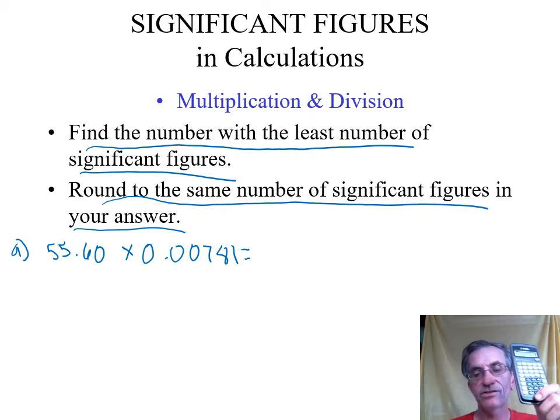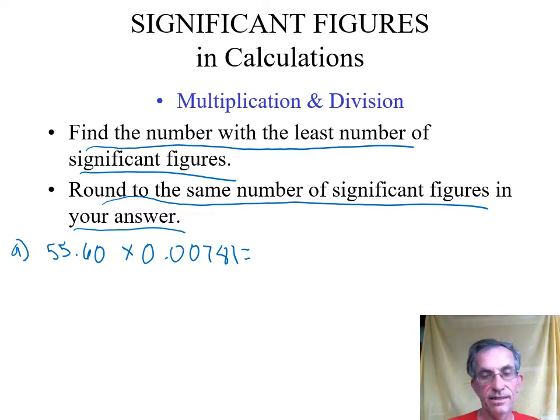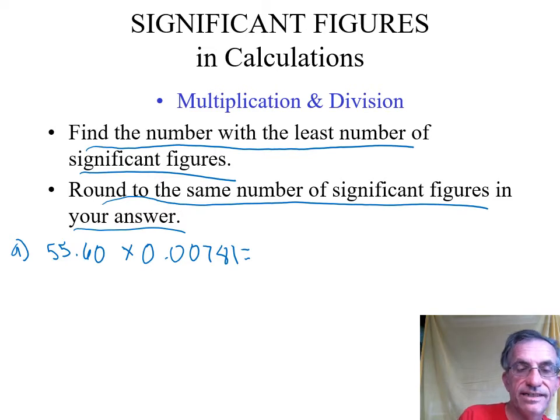Well, the first thing you have to do is get out your handy dandy calculator and type it in. Now, you might want to follow along with this at home, make sure that you're getting the same numbers as me. So I'm going to go ahead and type it in: 55.60 times 0.00781. And this is what your calculator should be showing you. All right, let me write it down. I hope you're seeing that. All right, so your calculator should have said this.